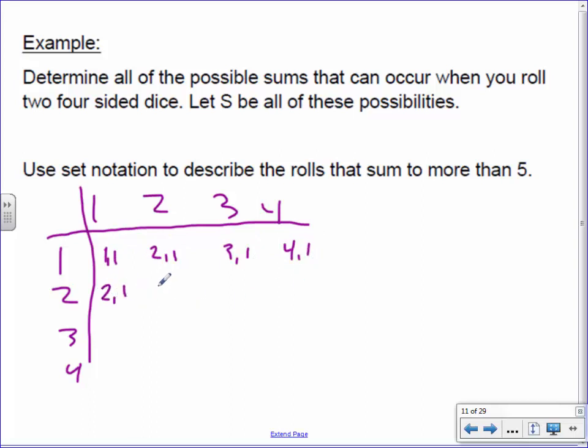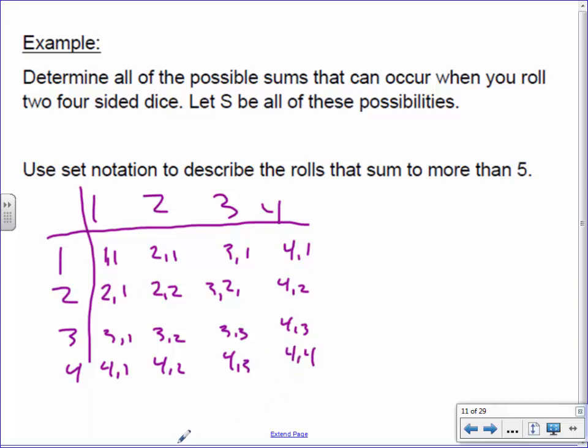You could have 1 with 2, 2 with 2, 3 with 2, 4 with 2. I'm not being consistent here, am I? 1 with 3, 2 with 3, 3 with 3, 4 with 3, 1 with 4, 2 with 4, 3 with 4, and 4 with 4. How many possibilities are there?